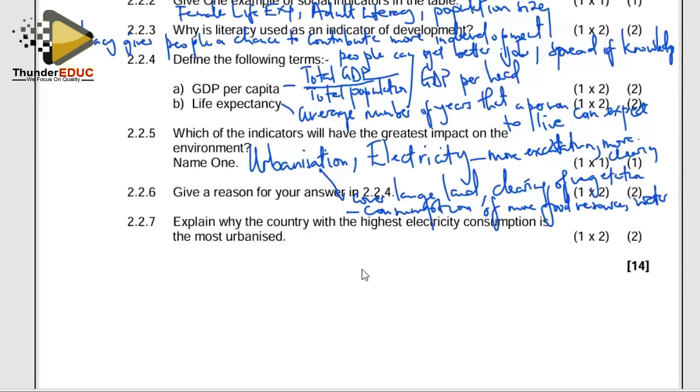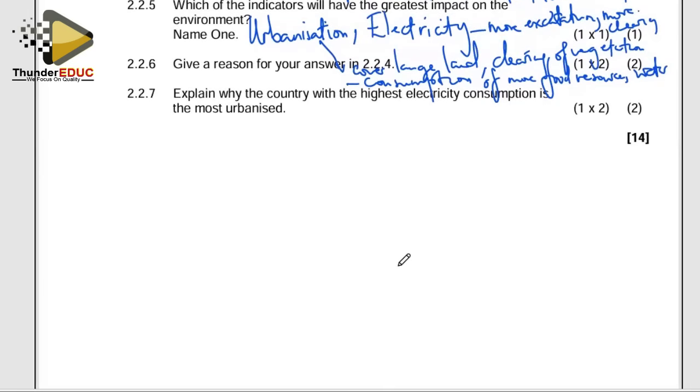Right, let's look at: explain why the country with the highest electricity consumption is the most urbanized. The country with the highest electricity consumption is the one which is most urbanized.